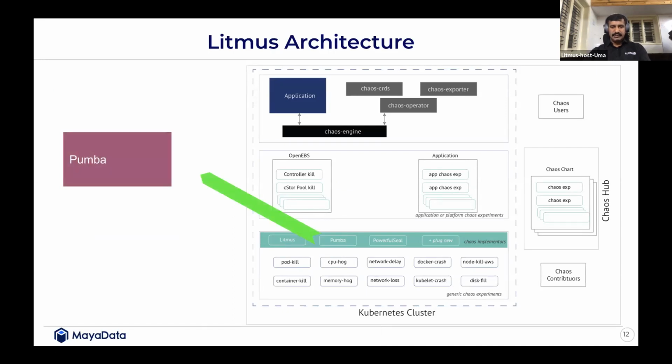Litmus is a library that has the core logic for injecting chaos, but I can use other chaos tools also in the Litmus infrastructure, like Pumba or PowerfulSeal. You can use Litmus as an infrastructure, if not as a core library itself. So that's another advantage for other chaos tools to use Litmus to practice chaos engineering.